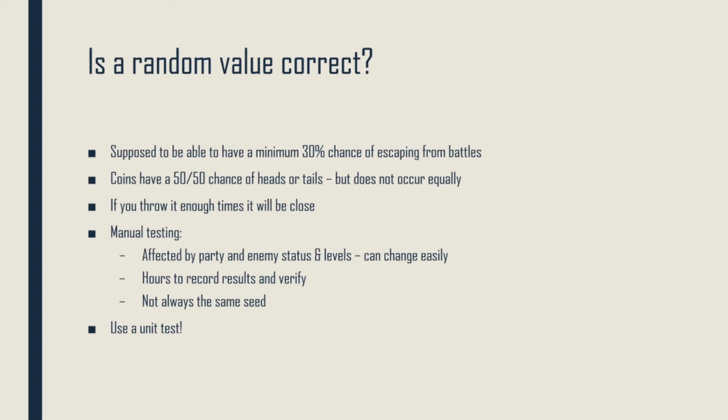It takes hours to record results and verify, and I have a seed that affects the random value. So when someone's running this test manually, it's not always on the same seed. And that's where a unit test is more effective, because this can be done in less than a second.